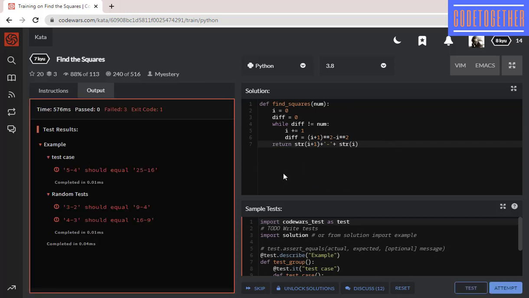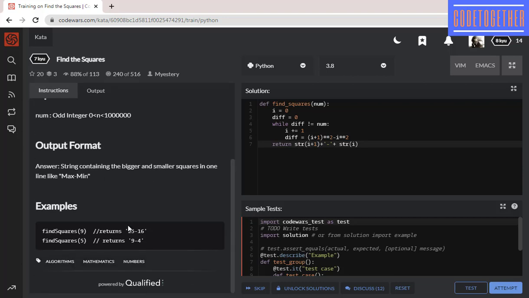Oh, we have some mistake here. Sorry, read the instruction again. He wants the squares of these numbers, not the numbers themselves.